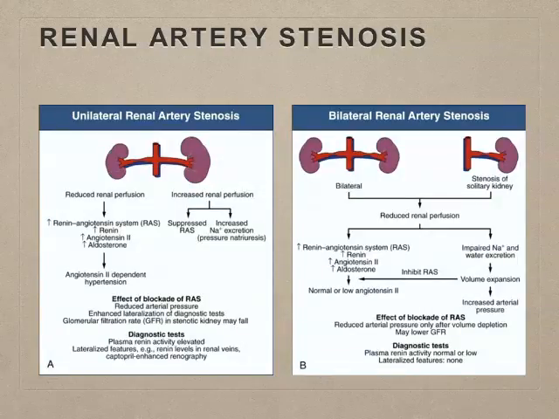On the unilateral side, you have that kidney on the left side that has the stenosis. Activation of the RAS system, which increases renin, which basically comes down to the point that you have hypertension. What happens is the contralateral kidney will hypertrophy, and you actually have increased renal perfusion of that right side.